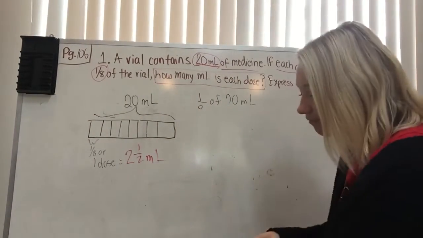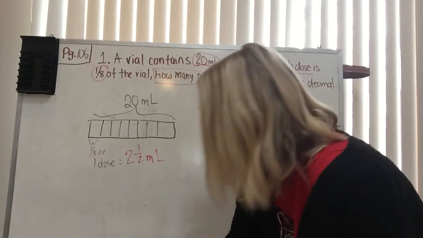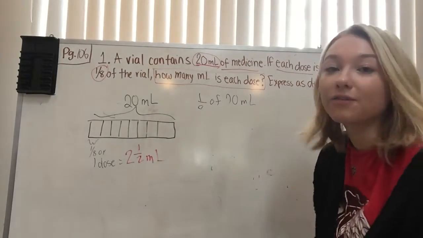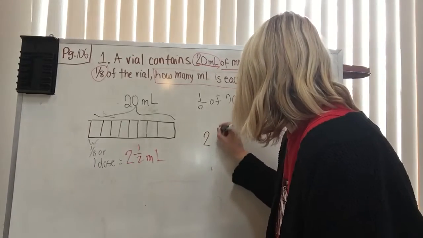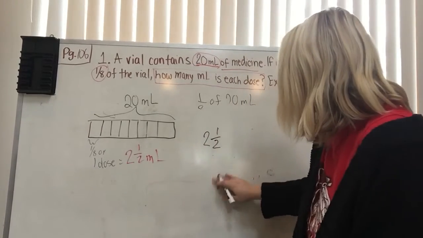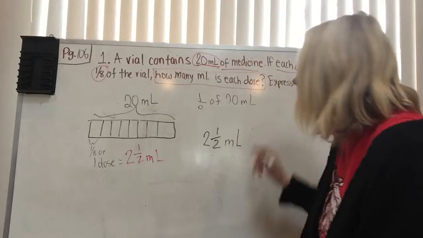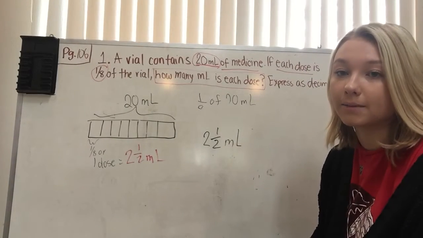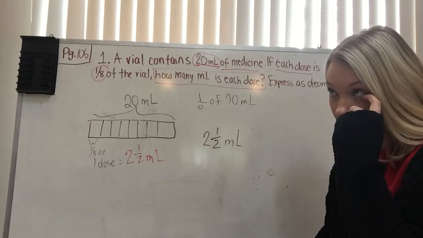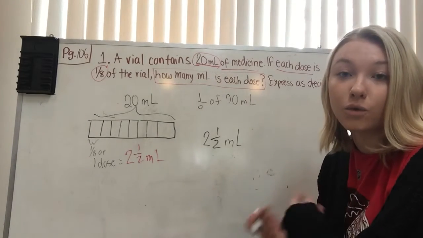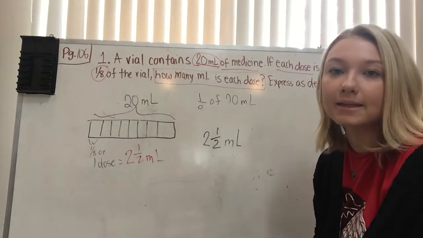Okay. So now we are going to take this 2 1/2 milliliters and express it as a decimal. I'm going to multiply it by something to make it a decimal. I know that I need to multiply it by a fraction that is equivalent to 1 because it has to stay the same.